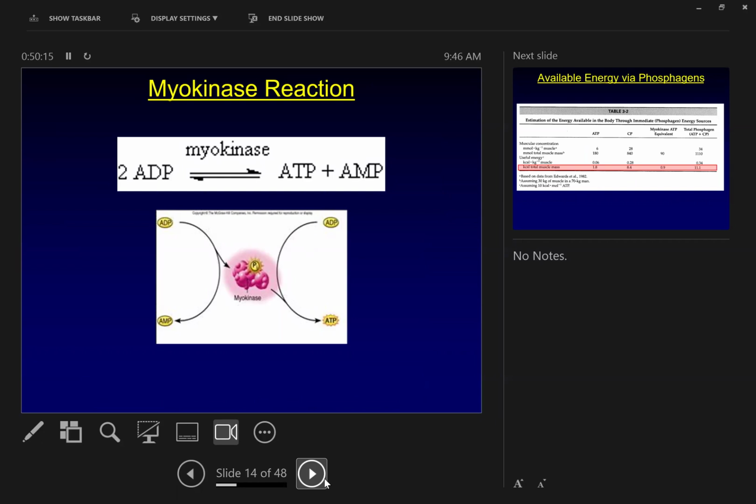While you're using the creatine phosphate pathway, you are also likely using a separate reaction, but it's much, much less common. The reaction is called the myokinase reaction.